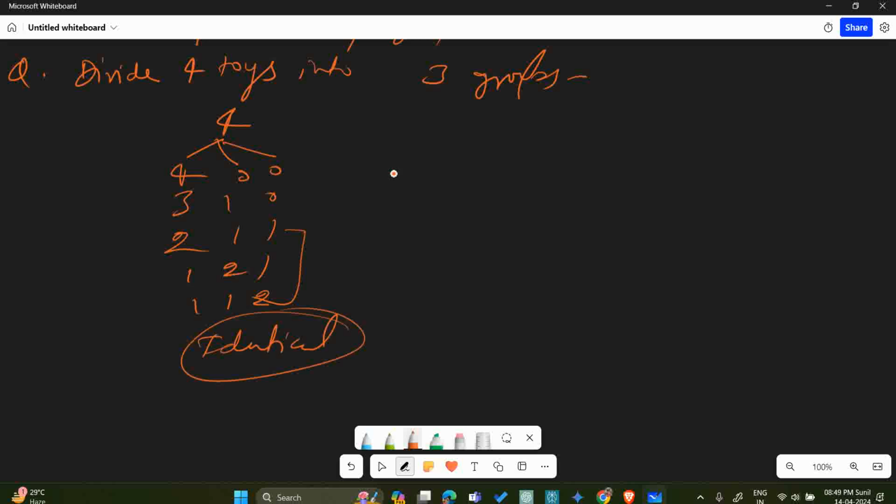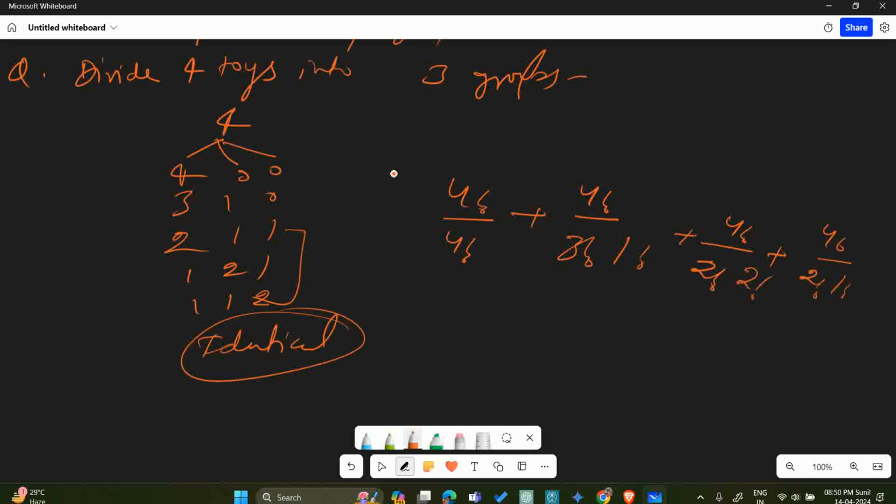So how can we do this: 4 factorial upon 4 factorial, plus 4 factorial upon 3 factorial into 1 factorial, plus 4 factorial upon 2 factorial into 2 factorial, plus 4 factorial upon 2 factorial, 1 factorial, 1 factorial.